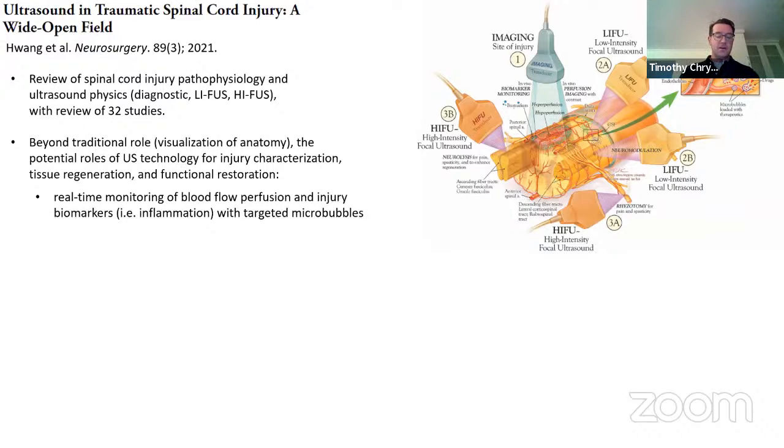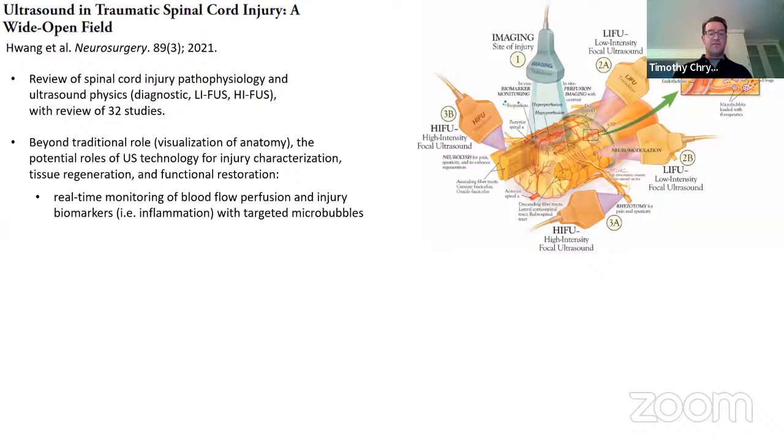Historically, and with the technology we currently have, a lot of it's really geared toward larger vessels, faster flowing blood. So we really need something that can look better at the smaller vessel size of the spinal cord, for instance.